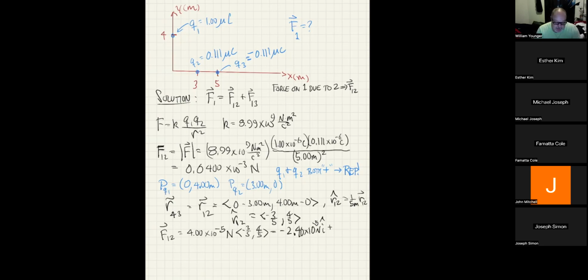That's 0.8 again, but this time 0.8 times 4 is 3.2. So I get positive 3.20 times 10 to the negative 5th newtons J hat. So that's just one way you can always brute force compute a vector.